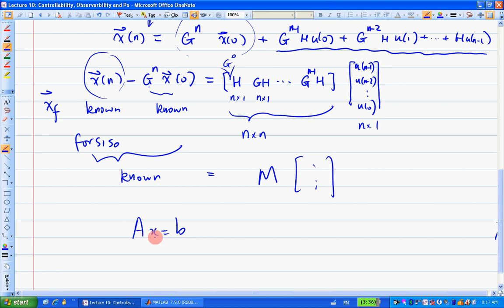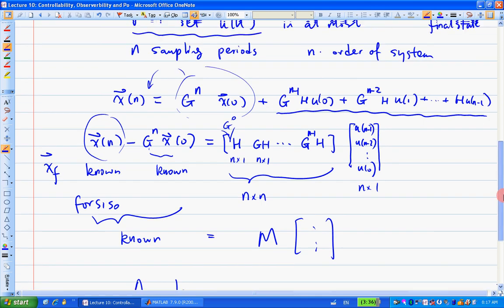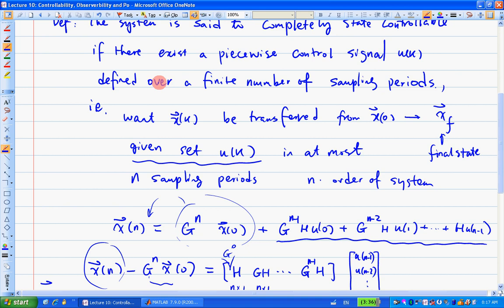You're solving basically for X. Only when A is invertible can you solve for X. So coming back here, if I want a set of U that exists and satisfies this condition, then this matrix has to be non-singular, or full rank, right? Full rank. Okay. So this is basically an alternative way of describing completely state controllable.